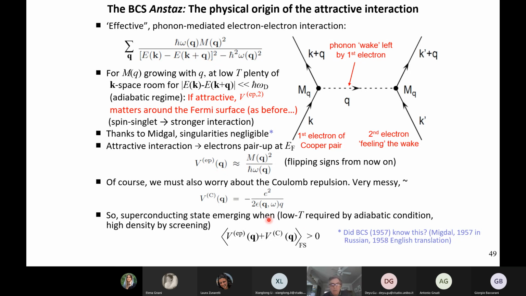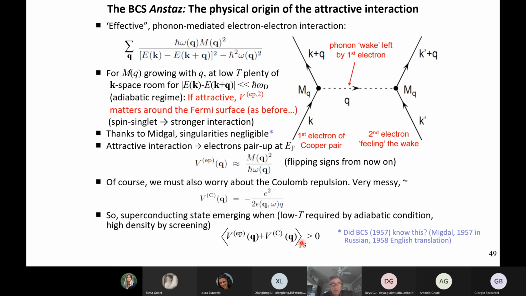Now, and this is what actually was a nice paper by Pines, says, well, what we can do is we write this expression here, which is relatively simple. This is our deformation potential, whatever model we want to use. The Coulomb interaction is just this. We can use a simple Thomas-Fermi model for screening the Coulomb interaction.